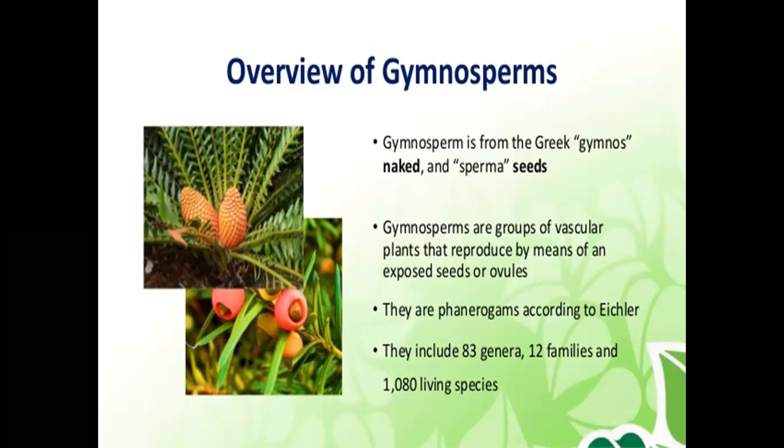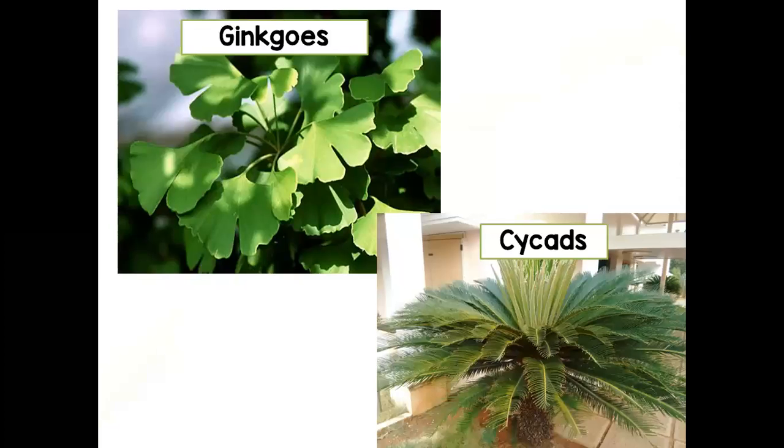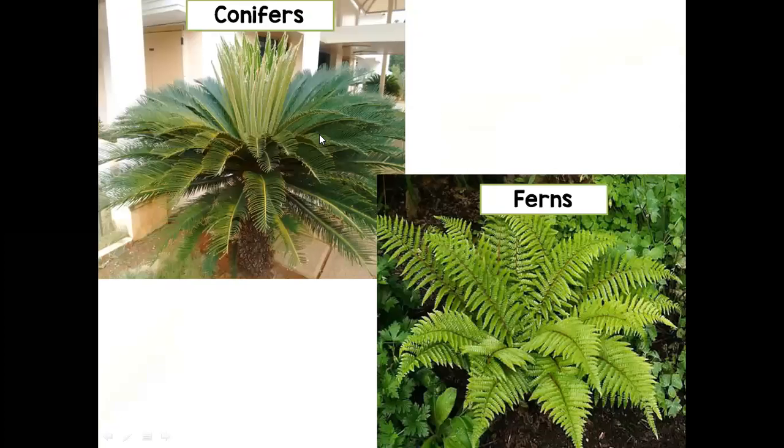An example of gymnosperms are the cycads. Look up. Are you familiar with this one? I have this one at home. Yeah, this kind of plant. And then the ginkgos. It's very familiar. And then also we have the conifers and also the ferns.